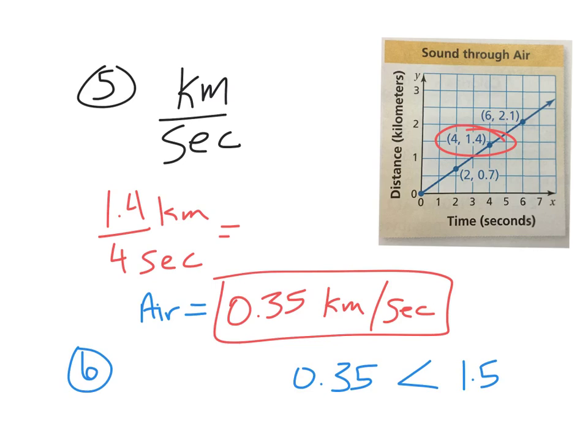The one we just did was air, and air was 0.35. And what was water? We did that in example 3: 1.5. Which one of those is larger? Water. So sound travels faster in water. I thought it was faster in air. We learned something. Maybe that's why dolphins and whales talk so well. That's probably why they have good hearing.